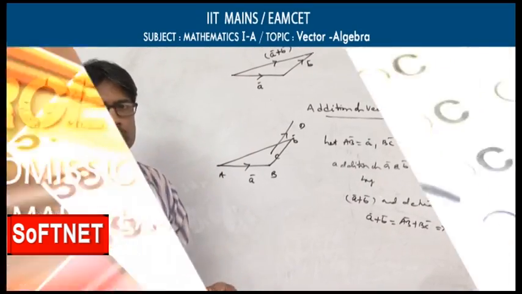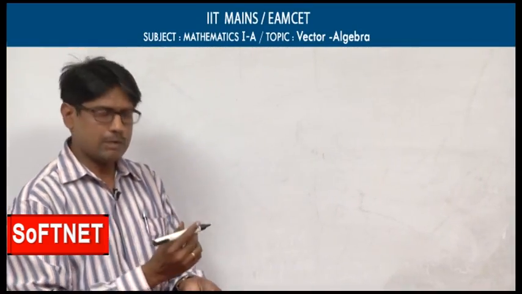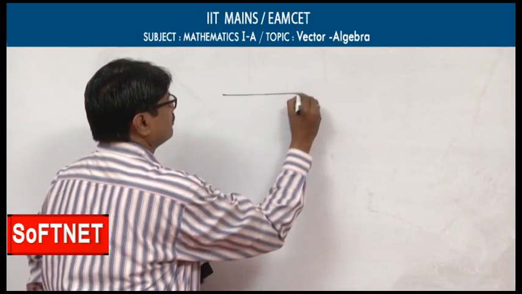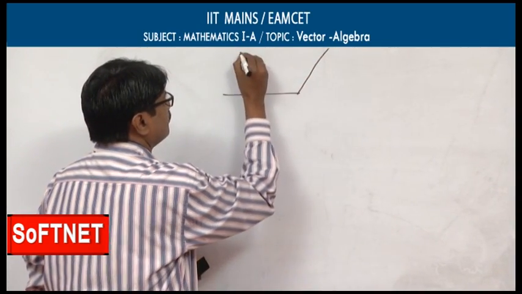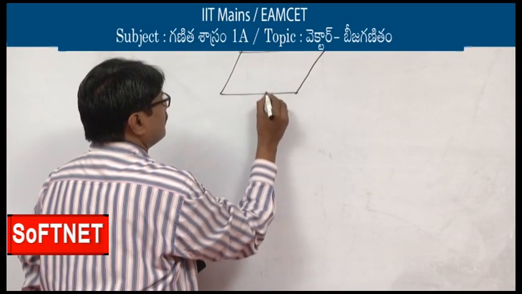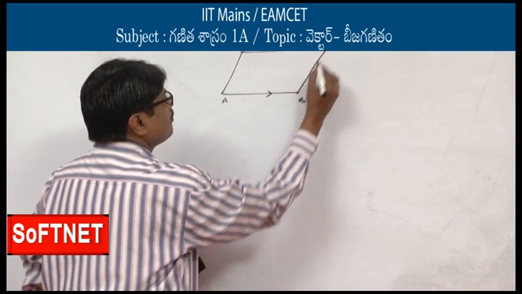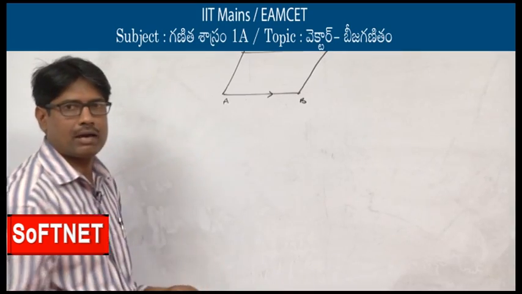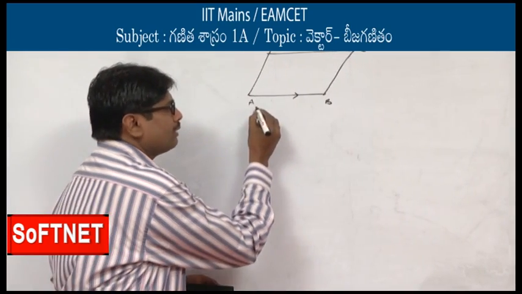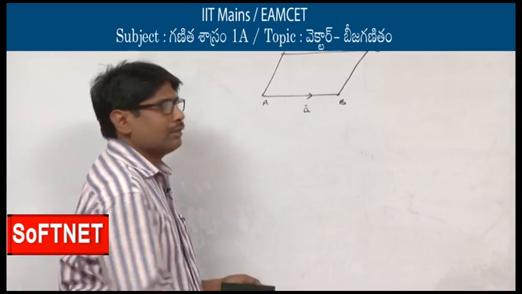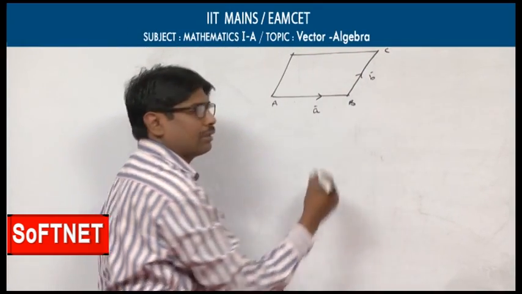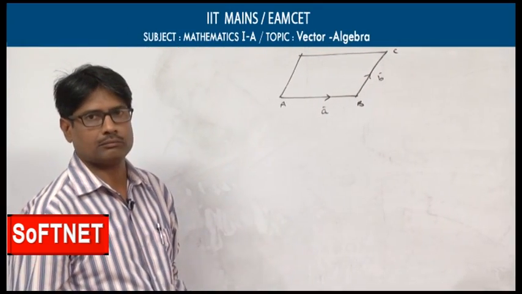Addition of vectors follows the commutative law, which we are going to prove. Let ABCD be a parallelogram. Let AB bar is equal to A bar and BC bar is equal to B bar, two adjacent sides of the parallelogram.